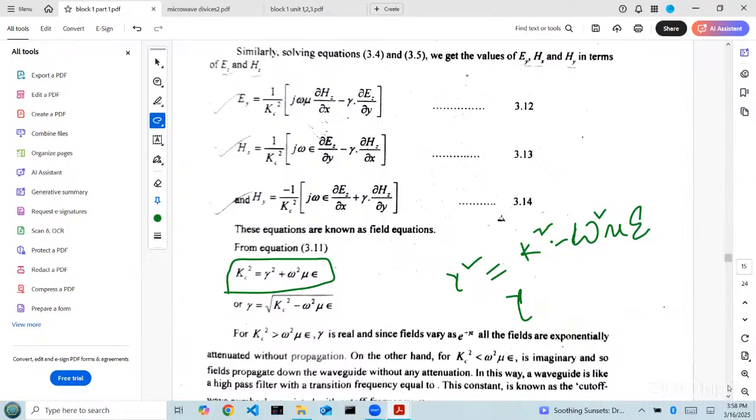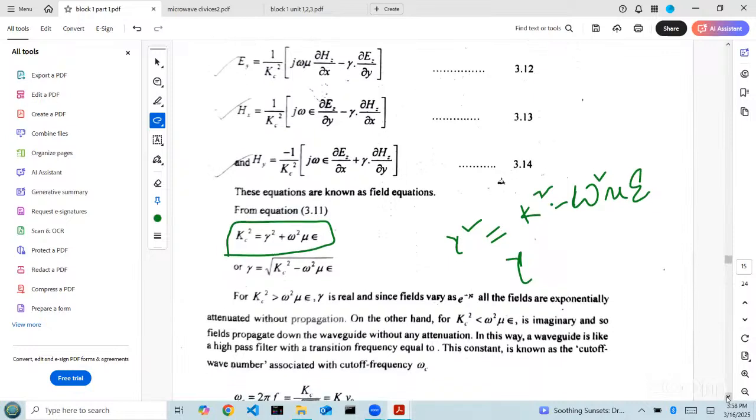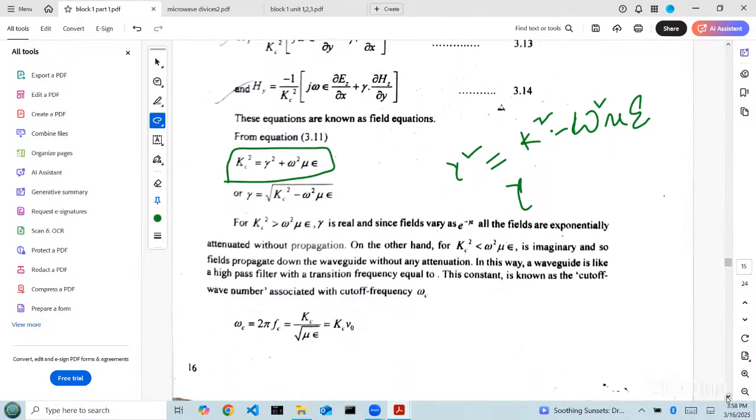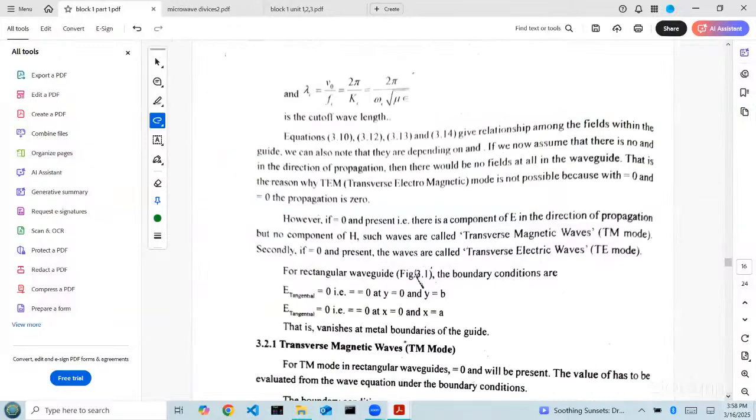We also calculate frequency, cutoff length, cutoff frequency, and cutoff wavelength. For the frequency term, omega equals 2 pi f. This is also equal to Kc by root mu epsilon.